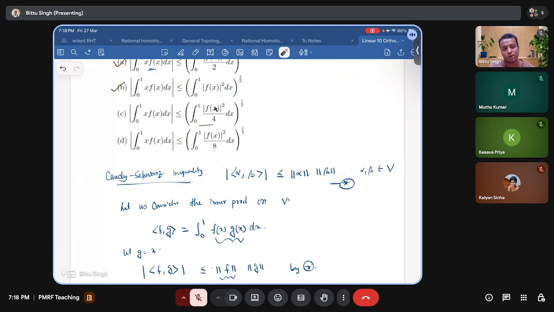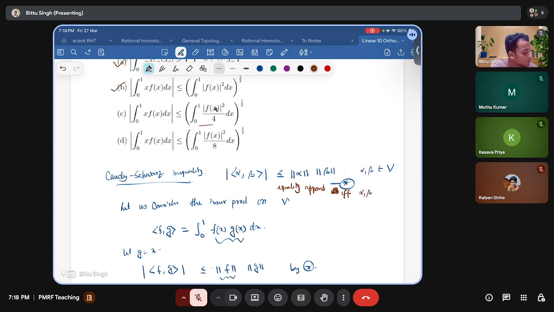It also says that equality appears if and only if alpha, beta are linearly dependent. So from here, you know that there can be a possibility of equalities, right?